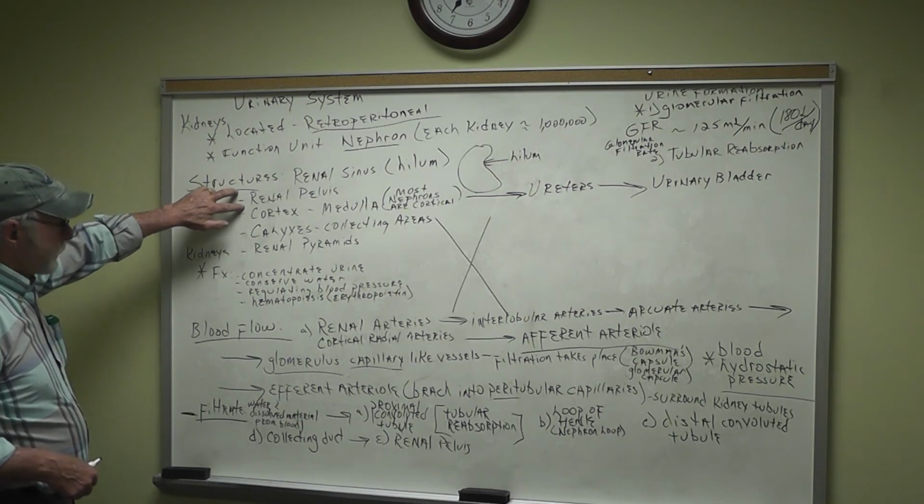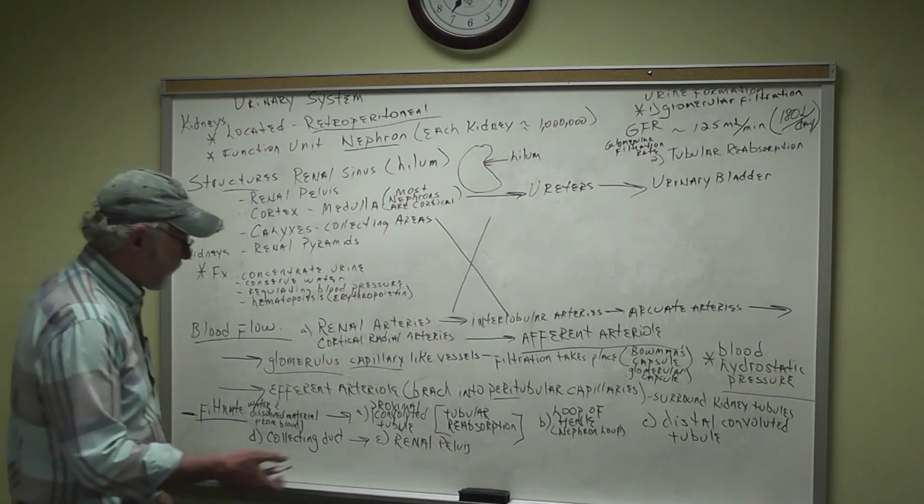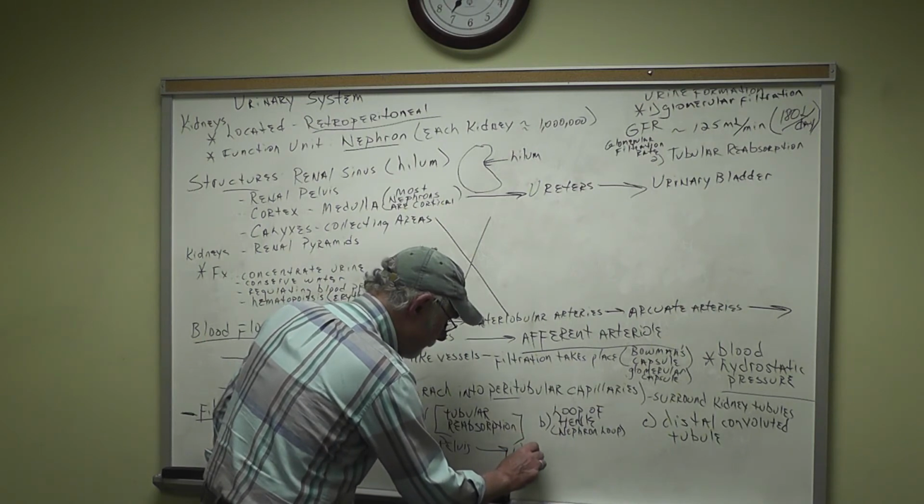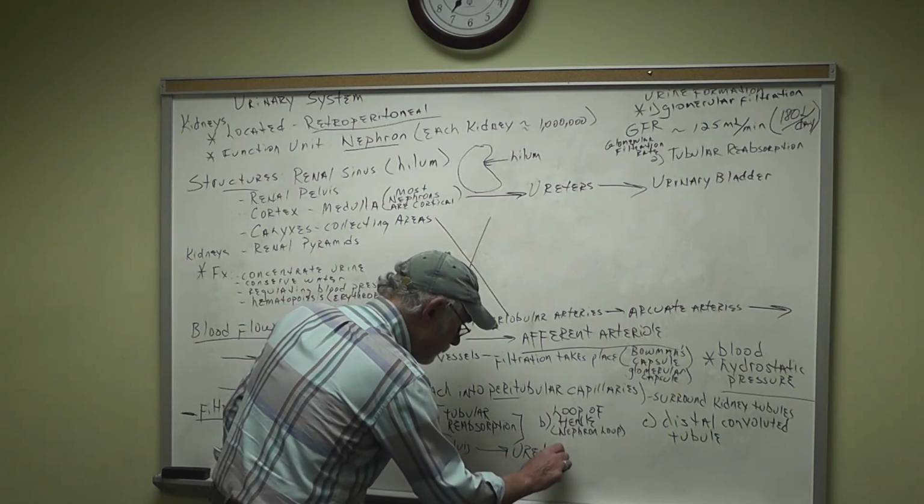And then from the renal pelvis, it will go into the ureter. We have two from each kidney.